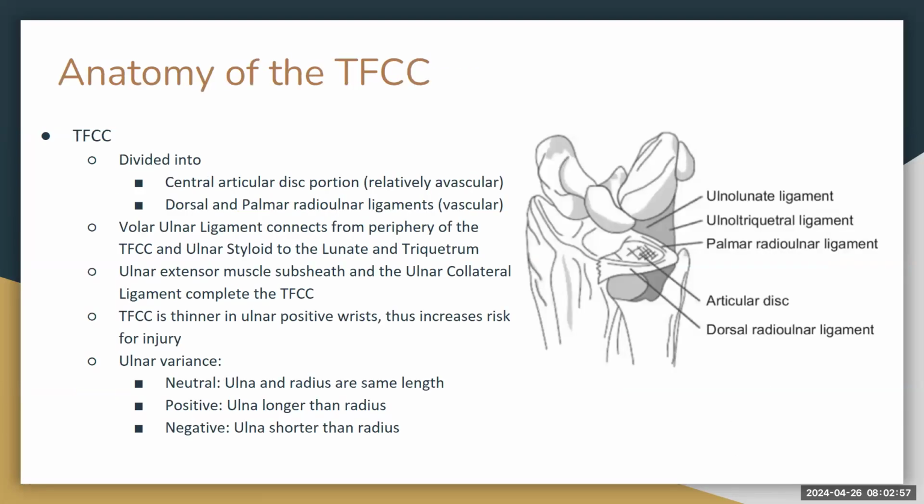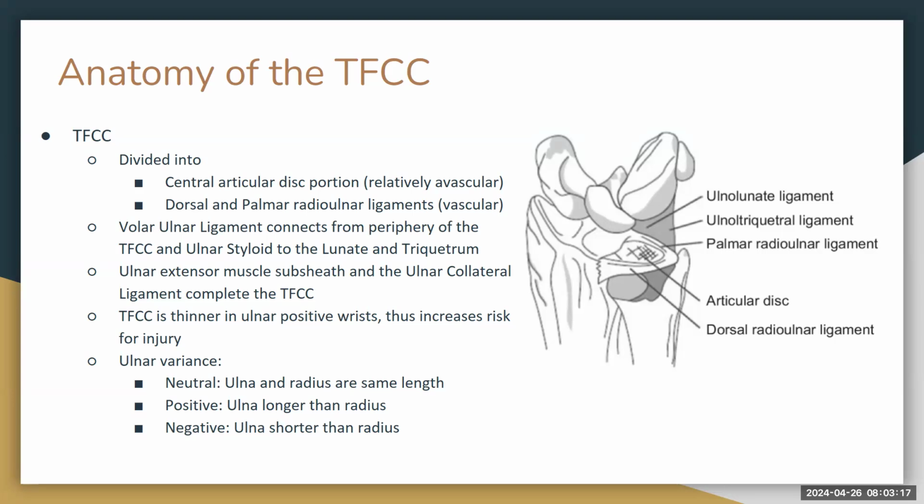All right, the anatomy of the TFCC, so it's divided into a couple portions. There's the central articular disc portion. This portion's relatively avascular. So you can imagine what that would mean for healing processes. The dorsal and palmar radio-ulnar ligaments are vascular.